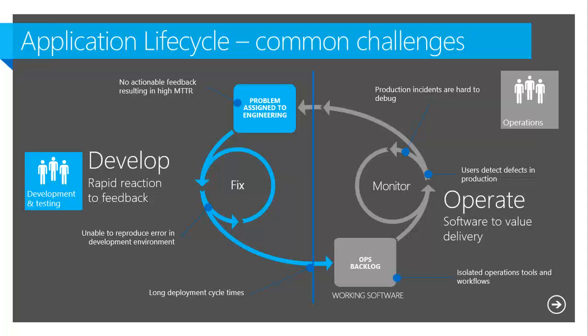Now, another challenge that people experience when running a shared application lifecycle is that even after the developer spent his time fixing the problem, it takes forever to deploy that fix. Again, unaligned tools between developers and operations do not provide a simple way of deploying.